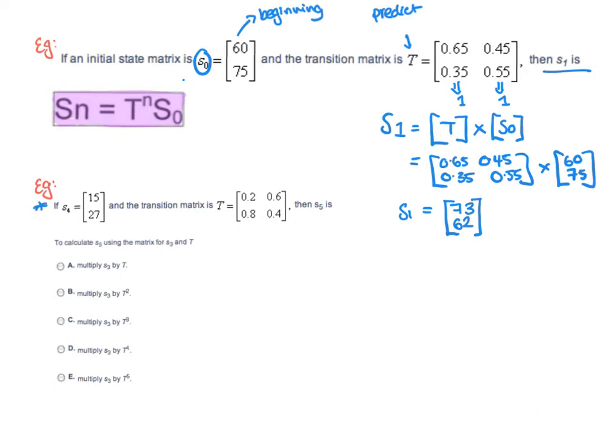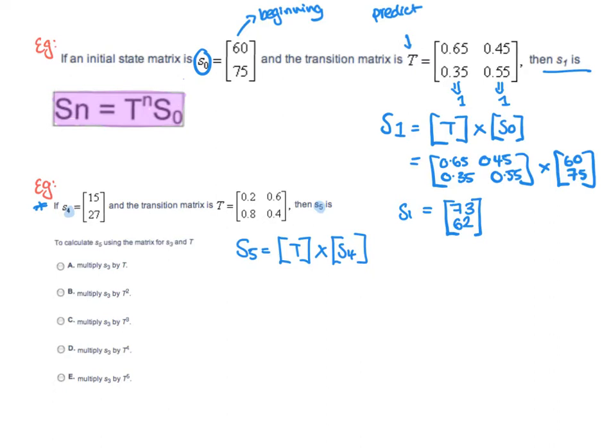All right, if we move to this example, it says S4 and the transition matrix T is this, then S5 would be. If I was finding S5 using the transition matrix, I would have the transition times S4, wouldn't I? Now, does this say S5 on your notes, or does it say something else? If we were given that, that's how we could work it out.